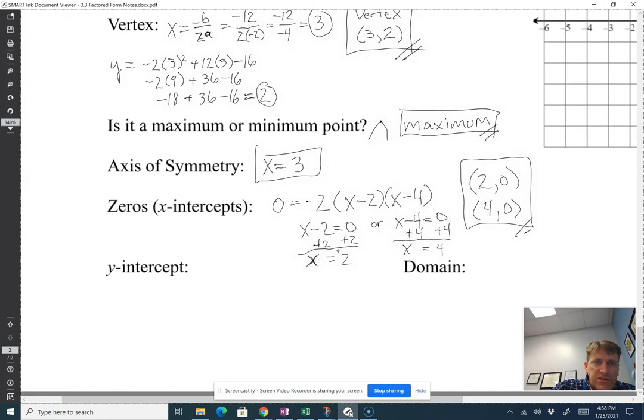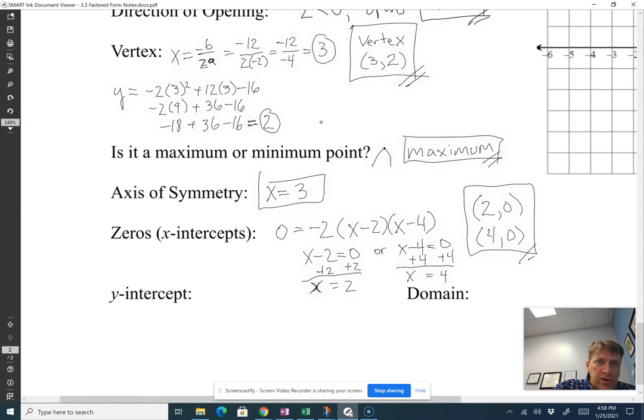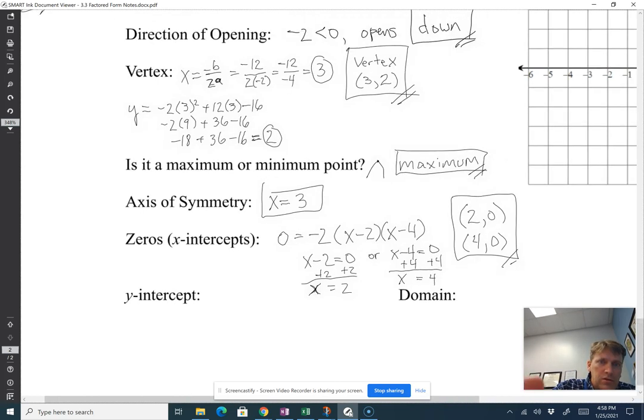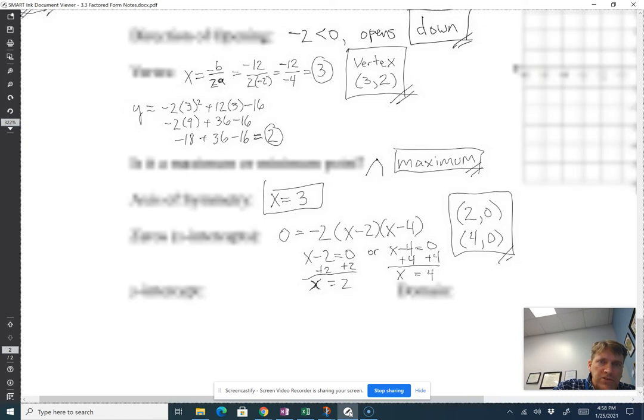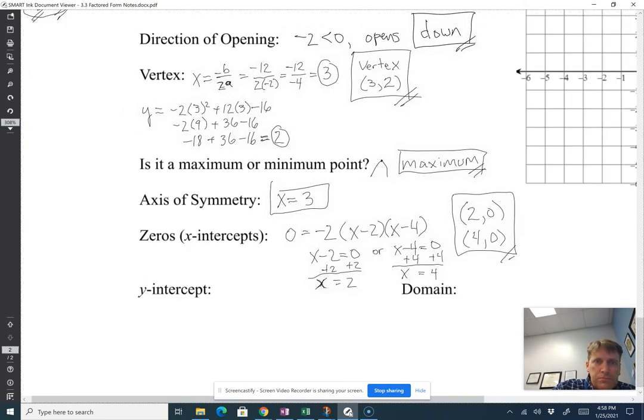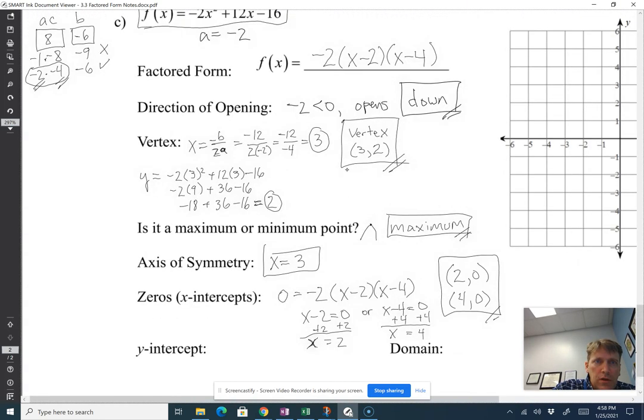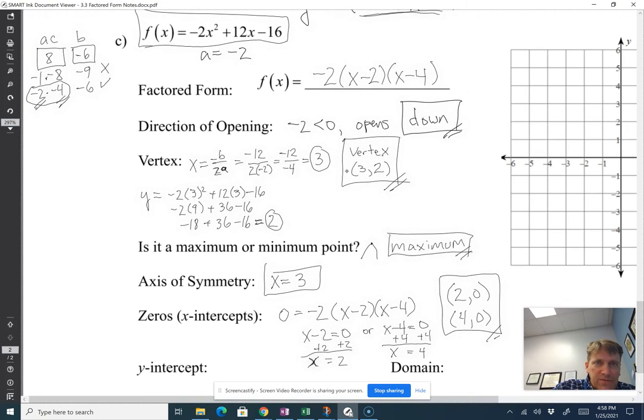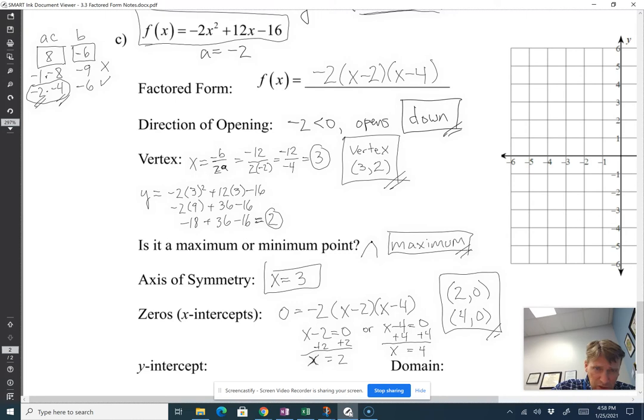All right, our y-intercept. For our y-intercept, we're going to go to our original equation in standard form. And it was -2x squared plus 12x minus 16.